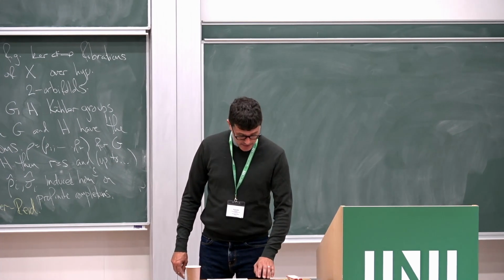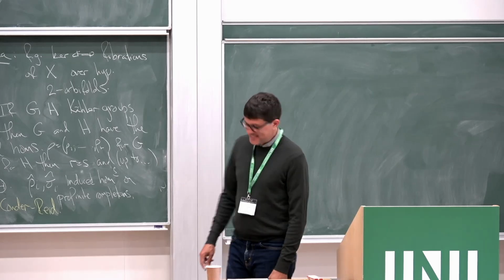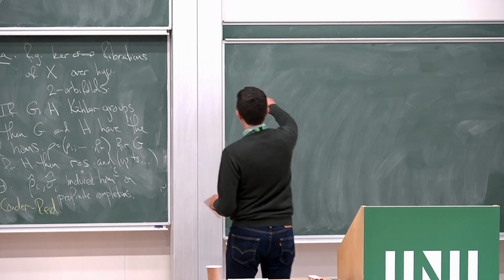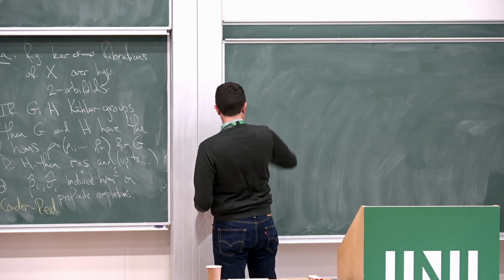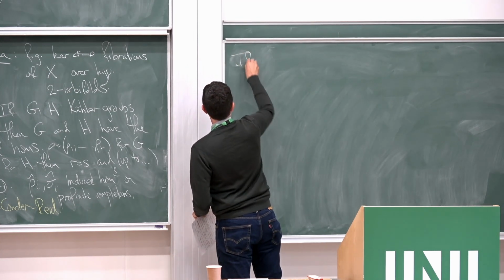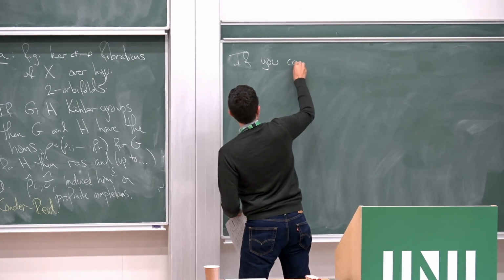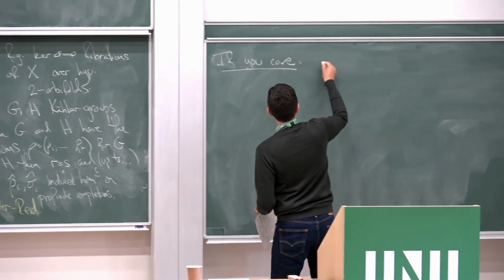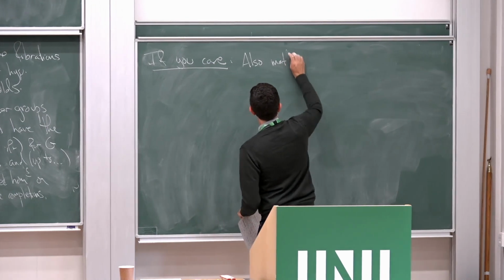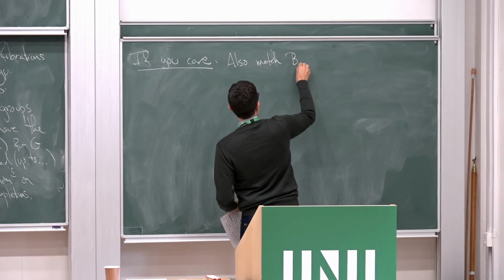That took way longer than I thought. So just an aside for those that care, I'll put it down here where nobody can see it. We also match BNS invariants.